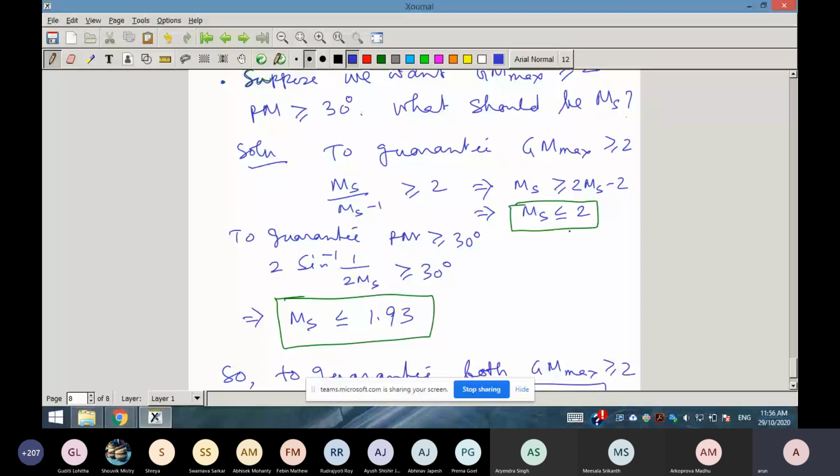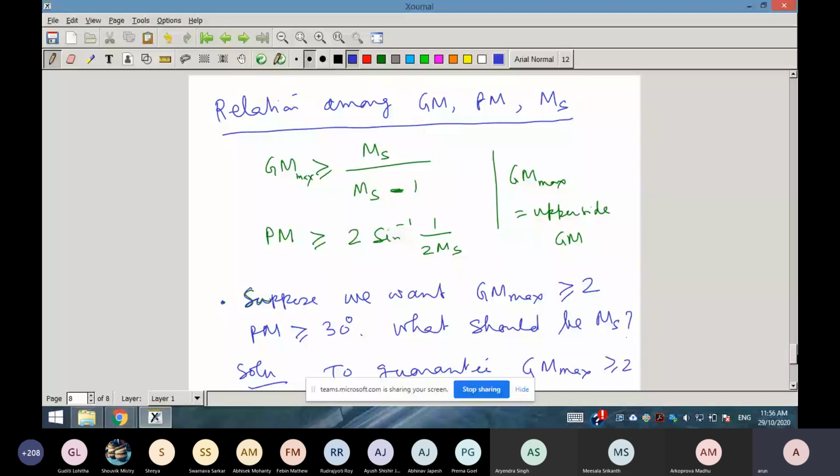So from this example or from the above relation, it is clear that a smaller value of the sensitivity function, a smaller value of Ms, will also guarantee the desired gain margin and phase margin.